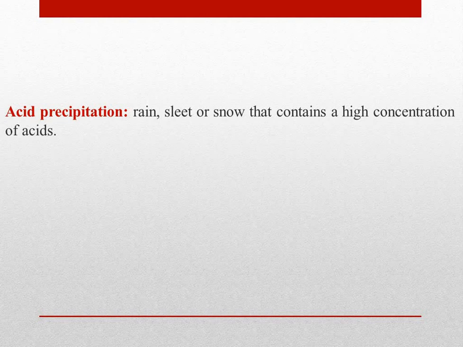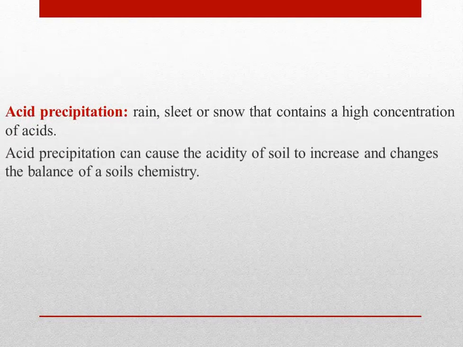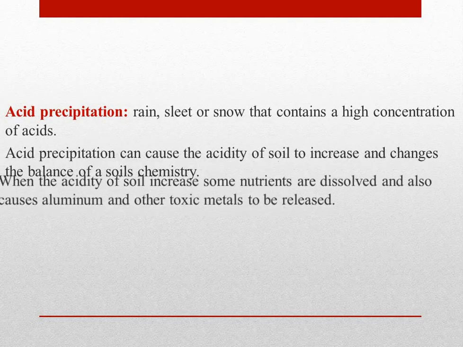Acid precipitation: rain, sleet, or snow that contains a high concentration of acids. Acid precipitation can cause the acidity of soil to increase and change the balance of soil chemistry.